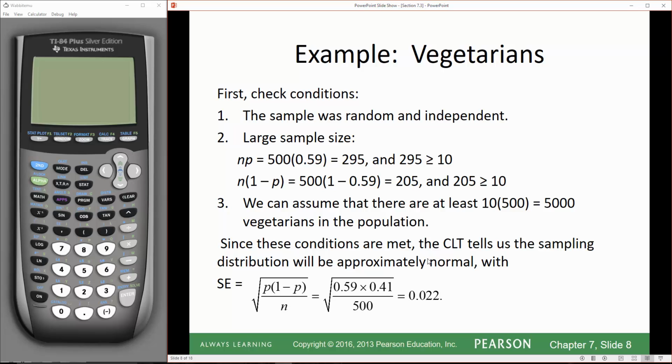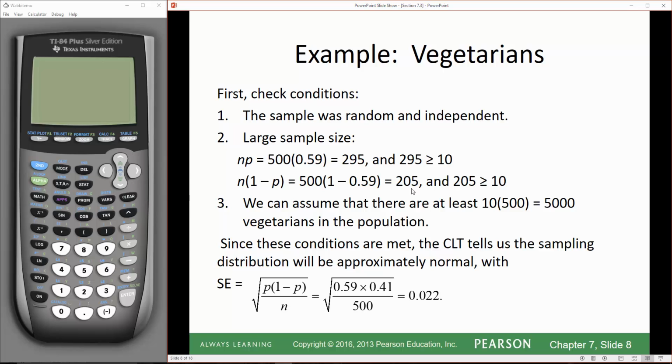The first thing you always want to do before we can apply the central limit theorem is check our conditions. The sample was random and independent. Then we need to check our sample size. So check n times p and n times q and see if that's bigger than or equal to 10, which it is in both cases.